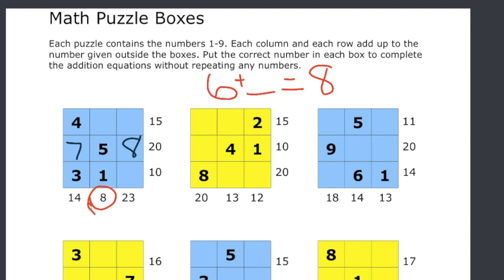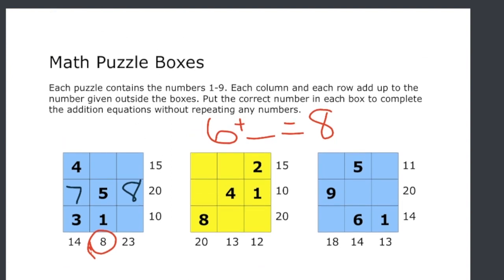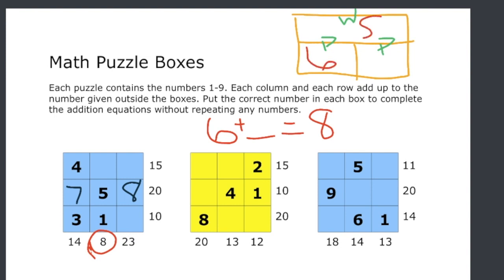All right, so whole part chart. We know that an addition problem is just part plus part equals whole. So we know that 6 is our part and 8 is our whole.